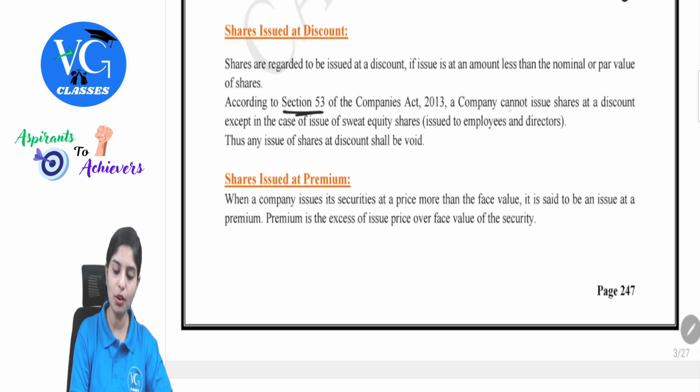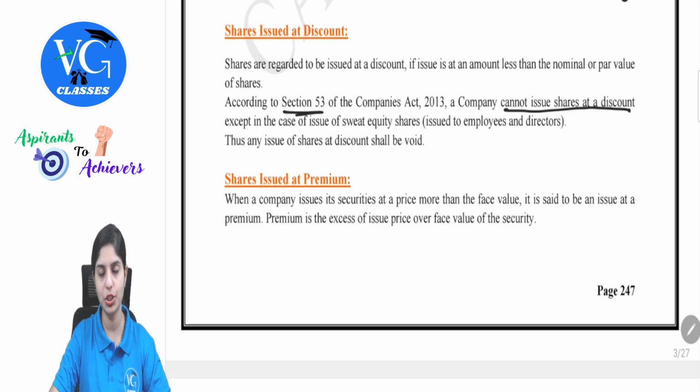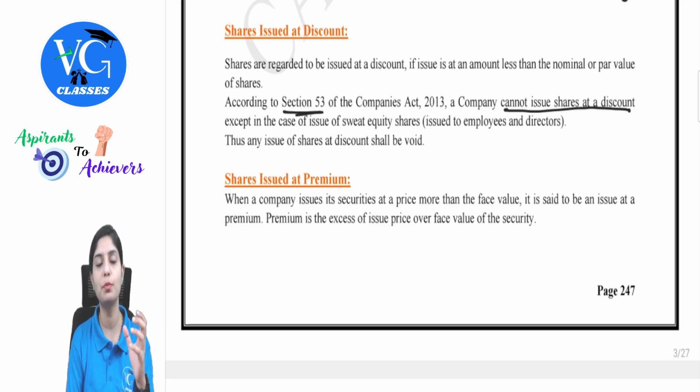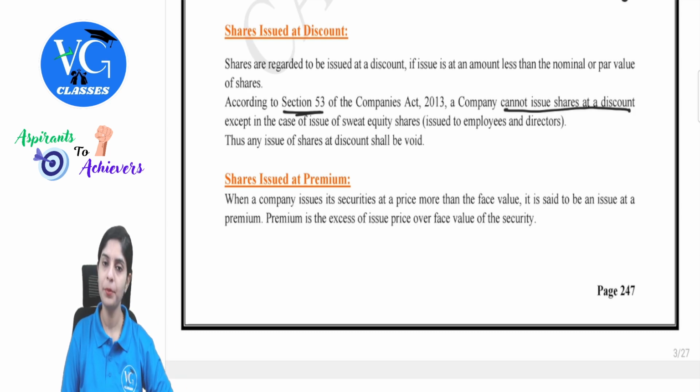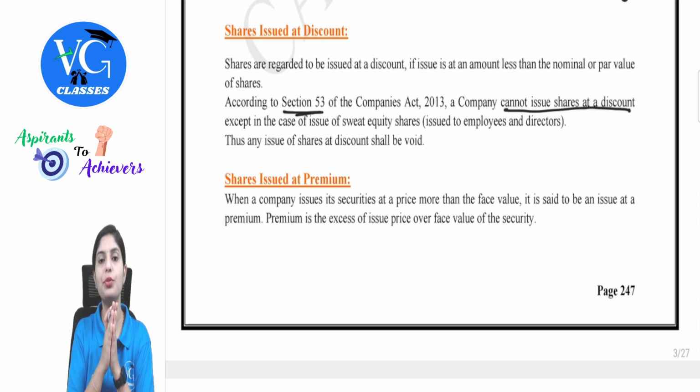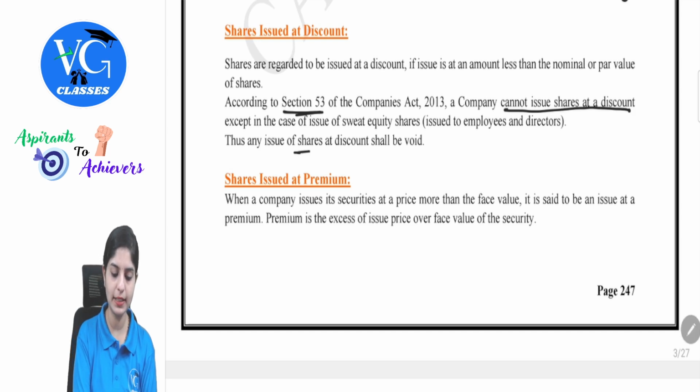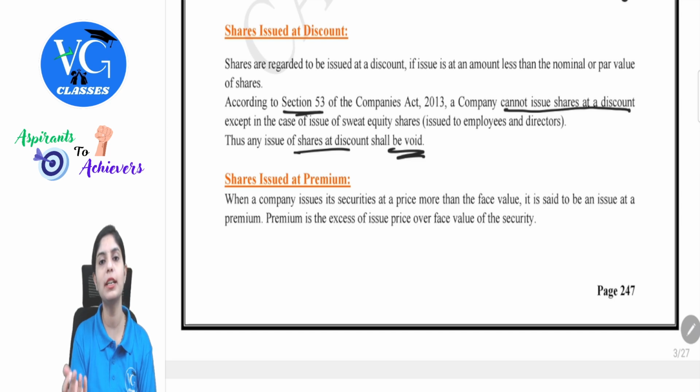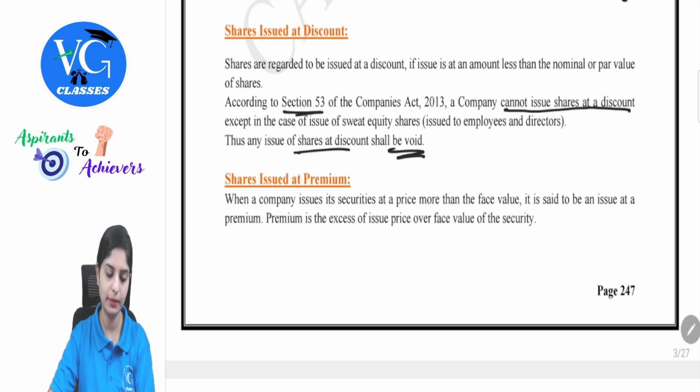A company cannot issue shares at a discount except in the case of sweat equity shares, which is another category of share given at a discount only to the management or employees inside the company as a reward for their work. So the exception is there for this particular situation. Normally, issue of shares at discount is not available. Thus, any issue of shares at discount shall be void. Void means it will not be relevant at all.